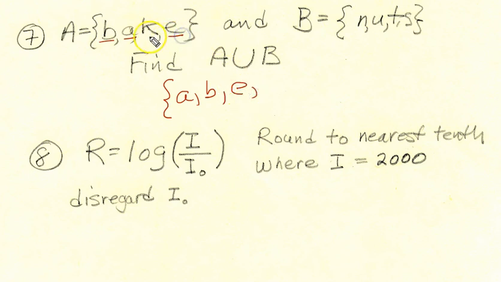E, K, and then N, S, T, and U. Remember, don't put a comma by that last one. They count that incorrect. All right, that was a rather easy one.